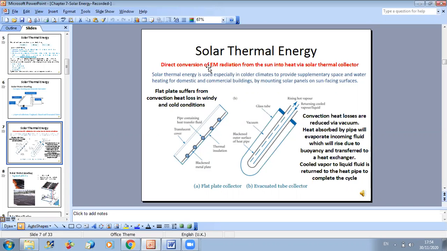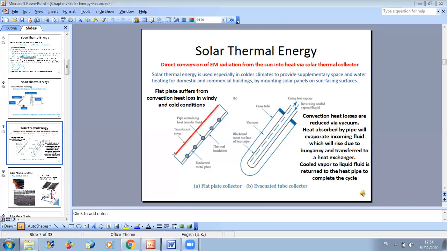Now, in this figure, you see two types of solar collector, and we will discuss each type in more detail. But here, the main difference is, as you can see in this example, what are the elements? In general, we use a glazing cover.